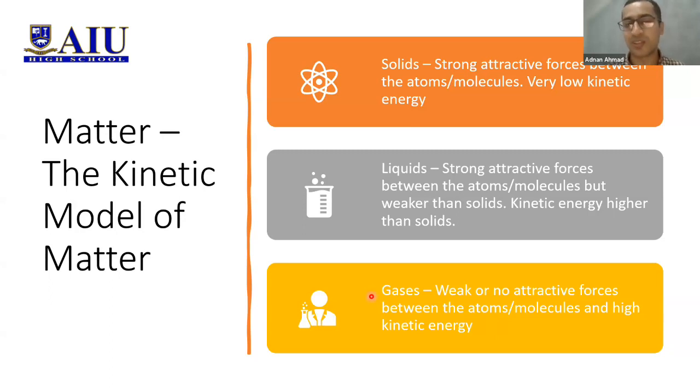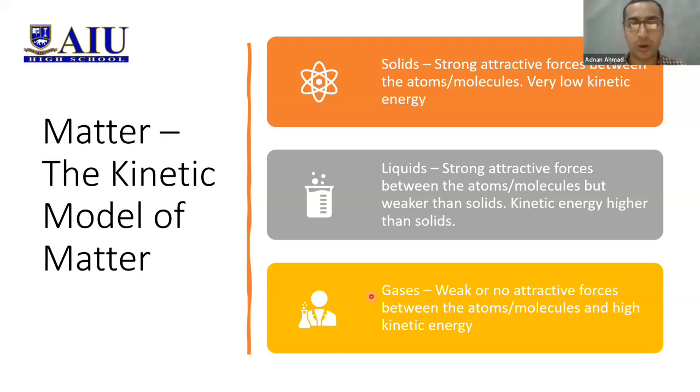So I hope the point is clear. When molecules are moving, they have kinetic energy, and when molecules do not move, they do not have any kinetic energy. And when something is not moving, it has a potential energy, right? These are the two types of energies that we usually see from time to time, and we see a lot in physics and chemistry and in science in general.